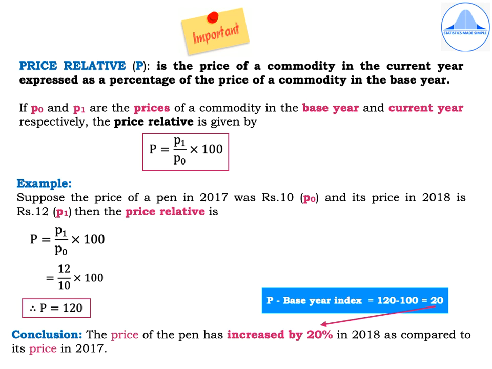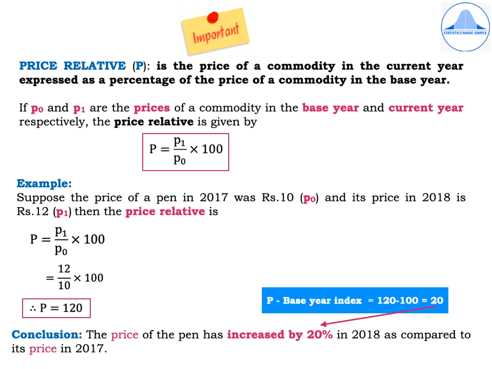So what conclusion can you derive from this value? Now at this side, I have shown a calculation in the blue box. We have found out capital P minus the base year index. So capital P value is 120. We just learned that the base year index value is assumed to be 100.